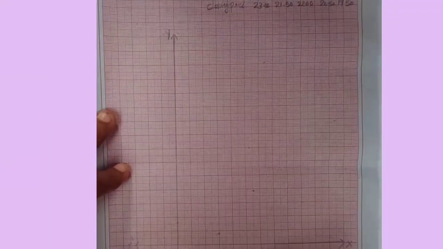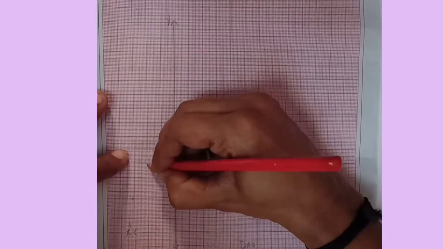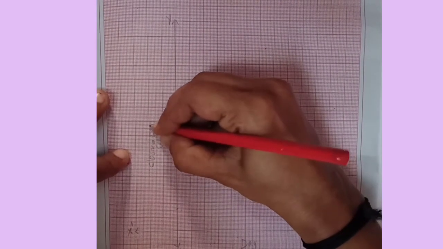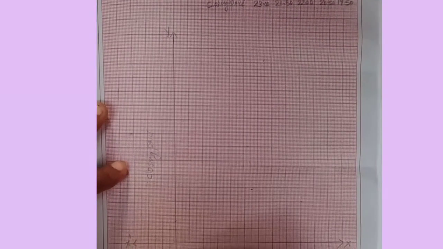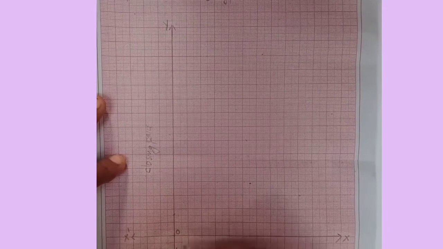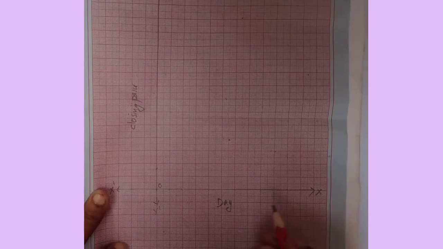On the x-axis, mark days, and on the y-axis, closing price. This is the origin. On the x-axis, mark the days: Monday, Tuesday, Wednesday, Thursday and Friday.